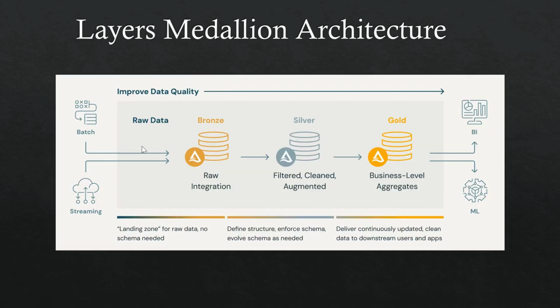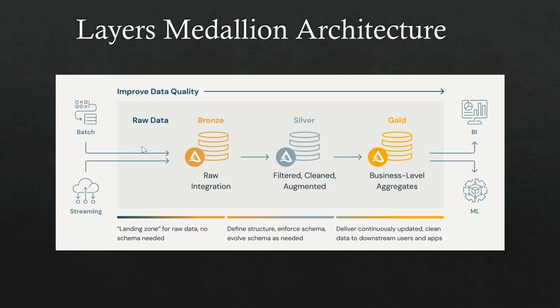So let's first understand the architecture that we have for our medallion. There are three layers as we were discussing. One is called the bronze, second is the silver, and the third is the gold. As the data is coming from the source layer, the data could be batch or a streaming data set.